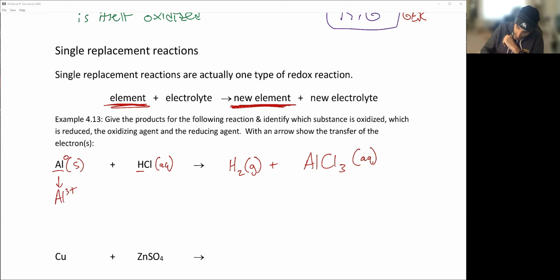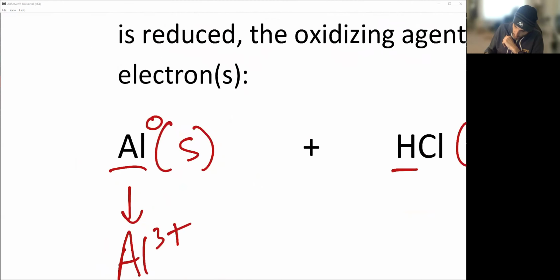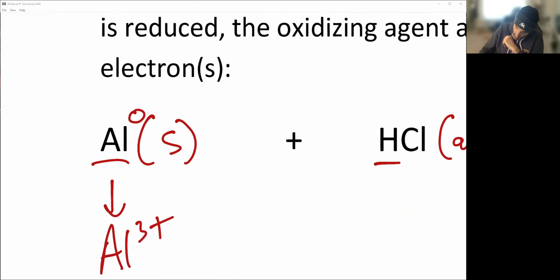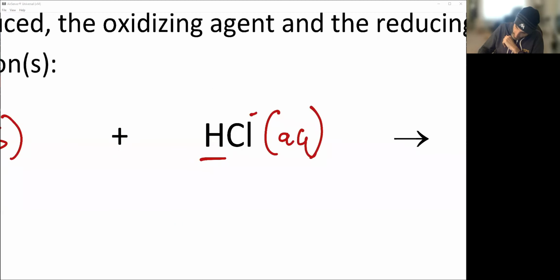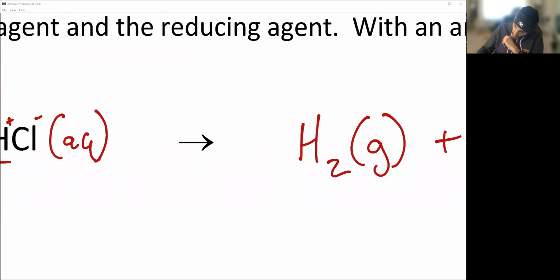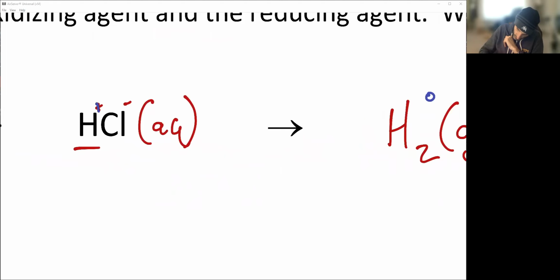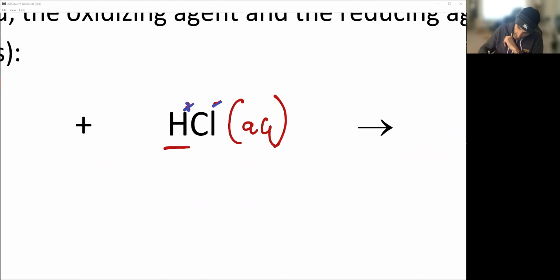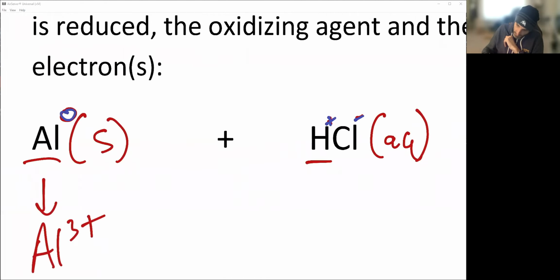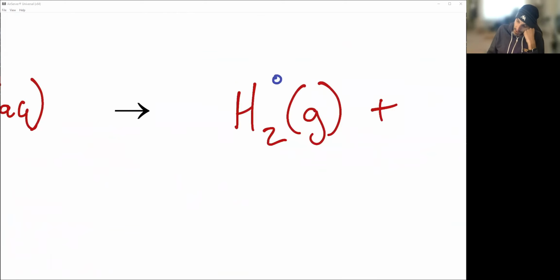What exactly happened? Aluminum was neutral. It has that 0 charge. Here I have Cl minus, H plus. Over here, hydrogen is neutral. Hydrogen does not have a charge. It is going to be a 0 charge. H2 is neutral.